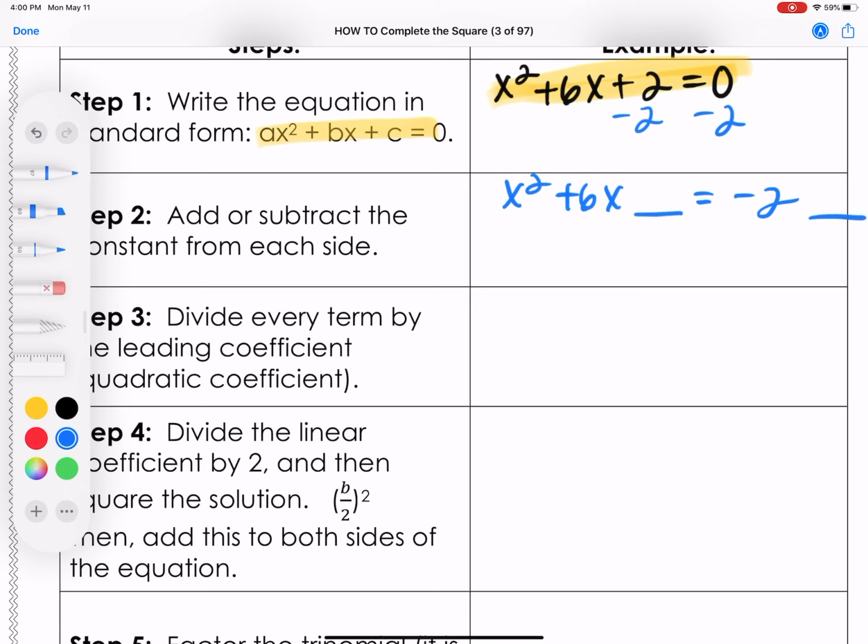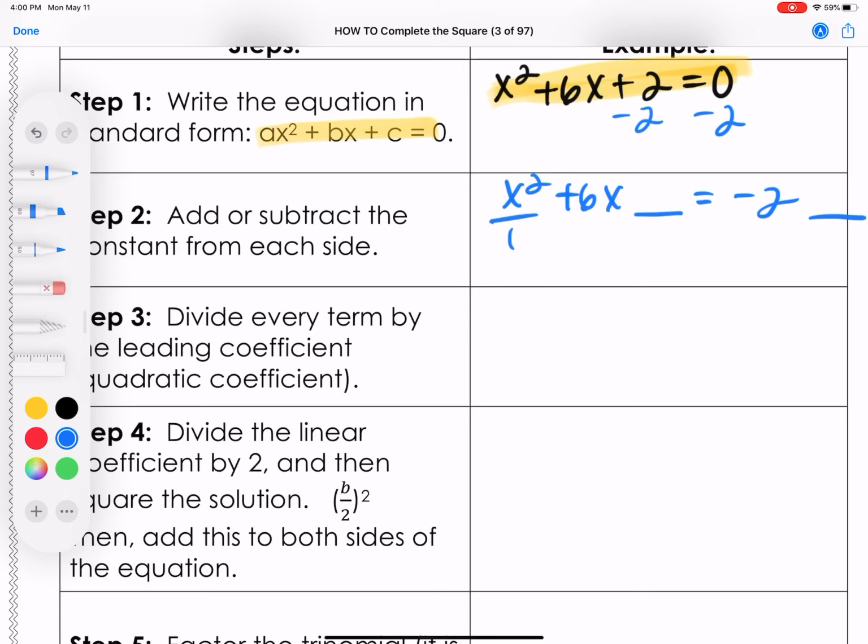Okay. Step 3 is to divide each term by the leading coefficient. Now, here we don't have a leading coefficient. It's technically 1. If we had a 2 there, then we would divide everything by 2, even the things on the right-hand side. But because we don't have one, that's not necessary to do. If you want, you could divide everything by 1, but it's not going to change anything.